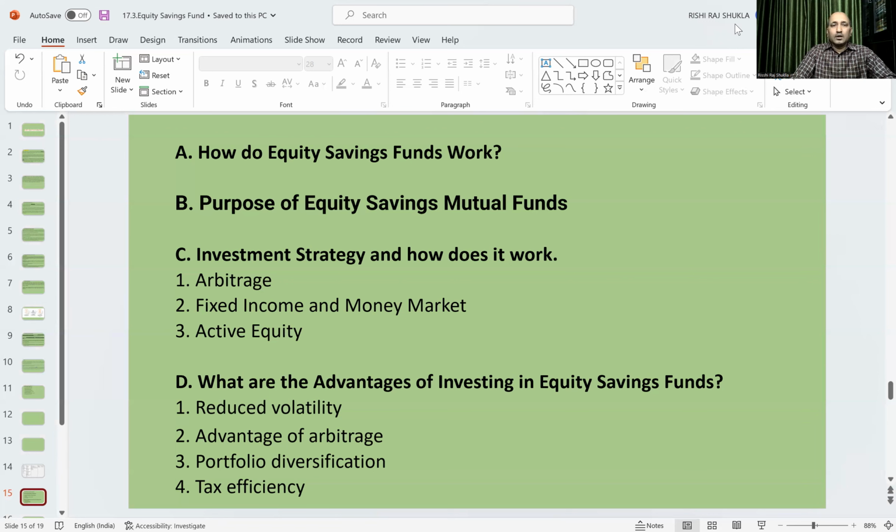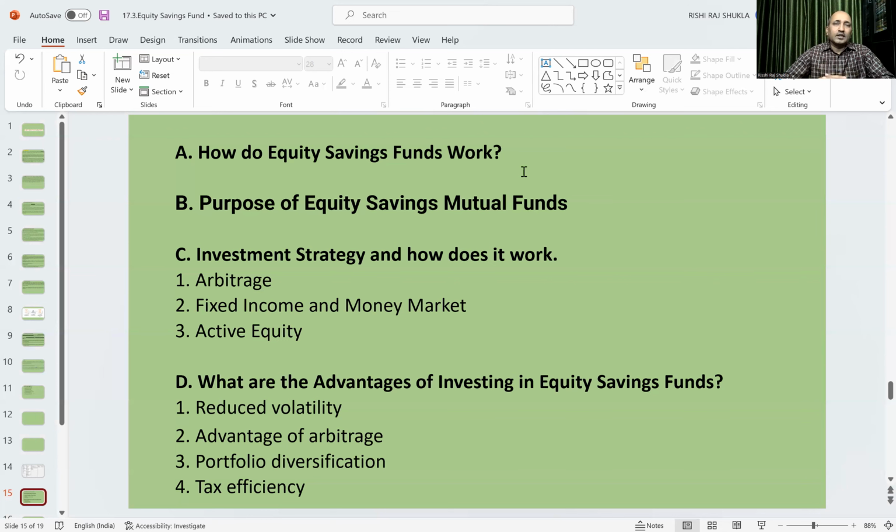Second, the purpose of equity savings mutual fund is to get a stable return. This provides quite some stability in a scheme. Anyone investing in this fund can see here two-thirds is in arbitrage and debt.